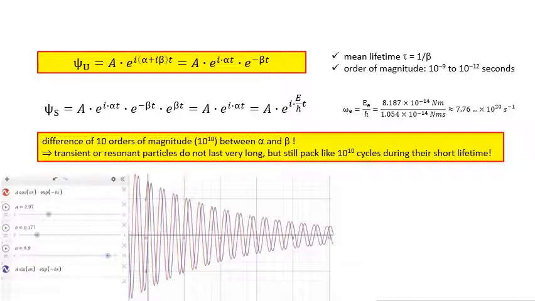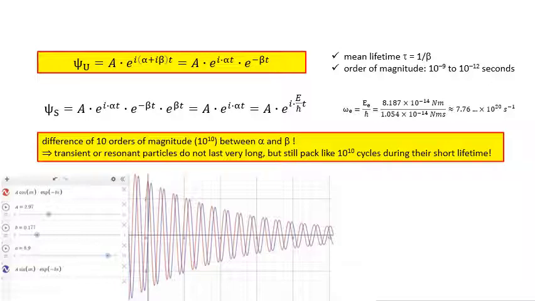I take the U for an unstable particle, so the psi, or the wave function of an unstable particle. We can write it as a coefficient A times a complex exponential, in which we'll have that alpha and the beta. You can write that all out, but basically you get a mathematical form that is a transient, as we call it, that dies out. A transient is basically the product of a stable wave function, one that doesn't die out, the A times the complex exponential with the alpha in it.